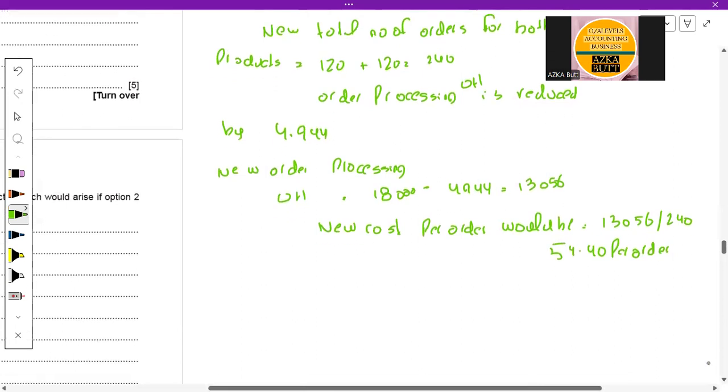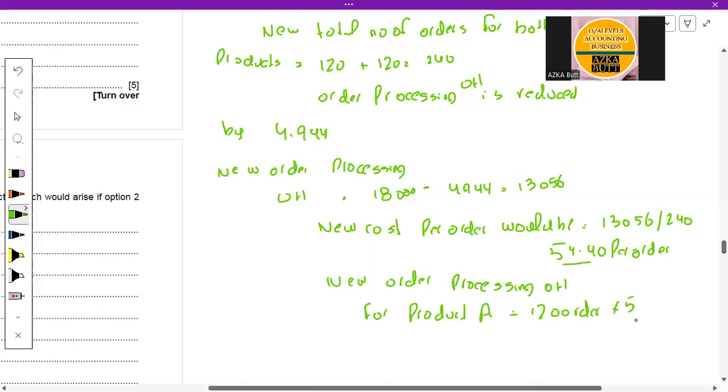Okay, and new order processing overhead for product A is equal to 120 orders multiply 54, which we just found out, and this is equal to 6,528 dollars.